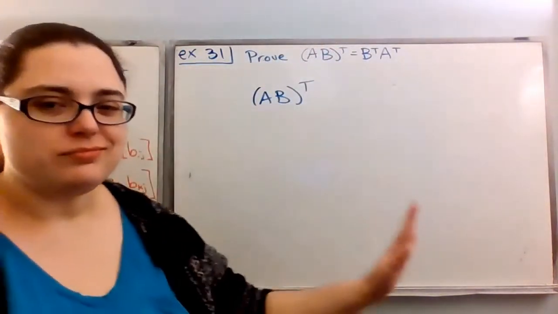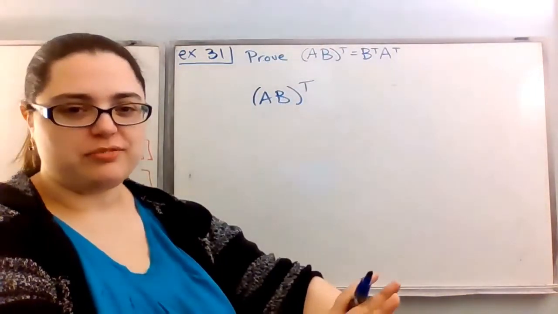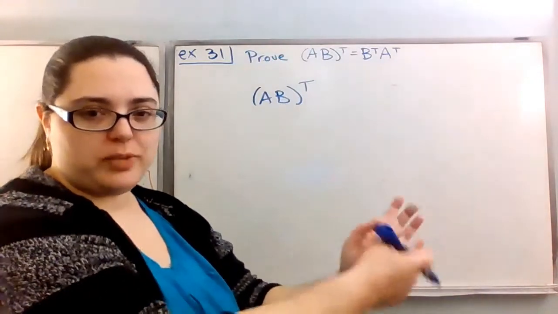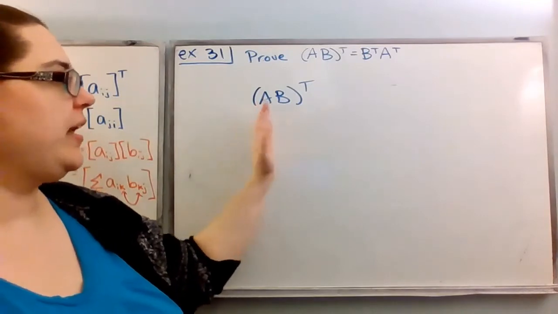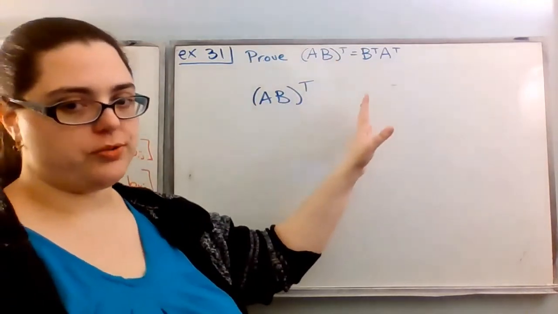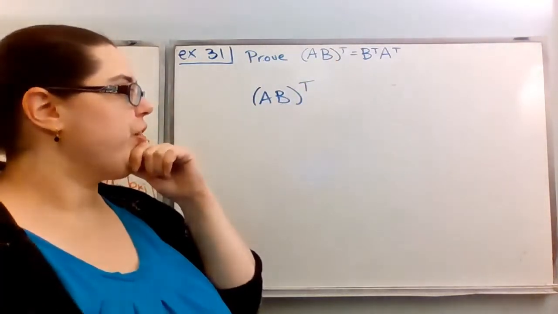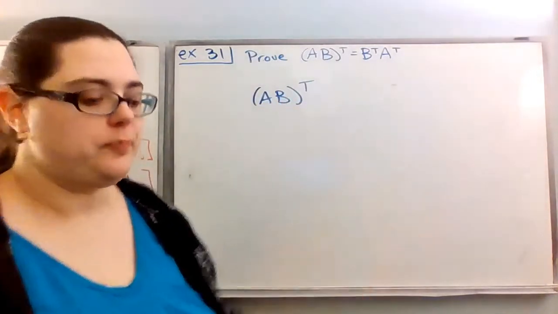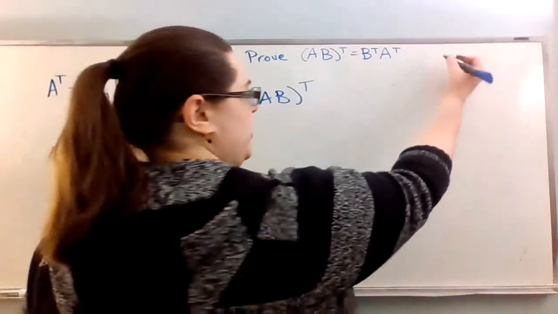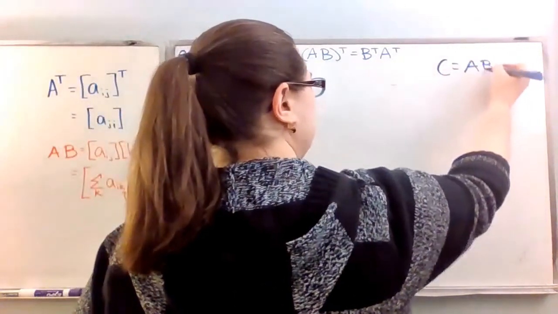And I said, you know what? I'm not going to jump into that IJ, into that little a and little b notation right away. Instead of thinking of this as A and then B all transpose, what if I thought of this as just the matrix C? Let C be AB, right? So I could let C equal AB.